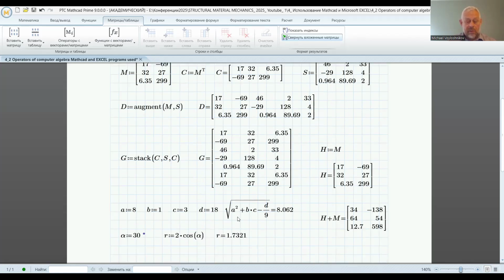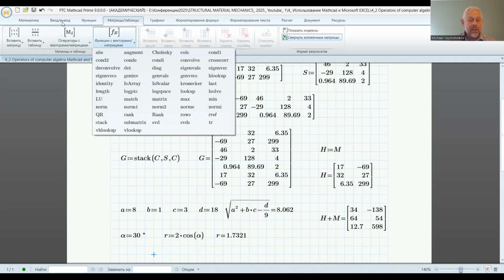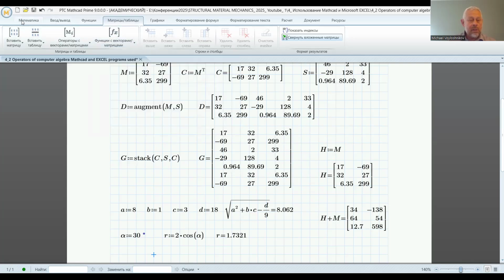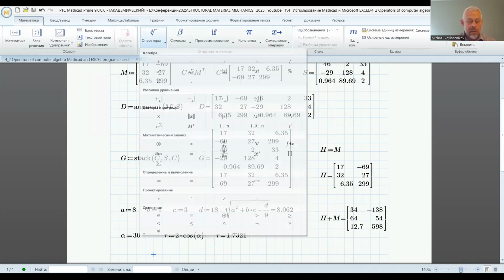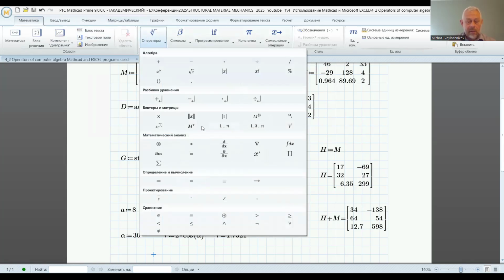As well, we can use mathematical operations like square root, etc. For example, under mathematics functions, we can find the square root of x.